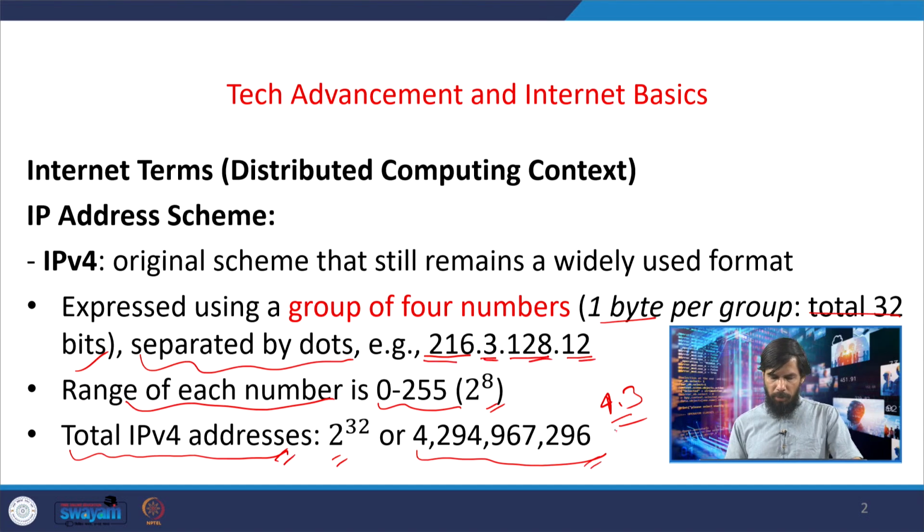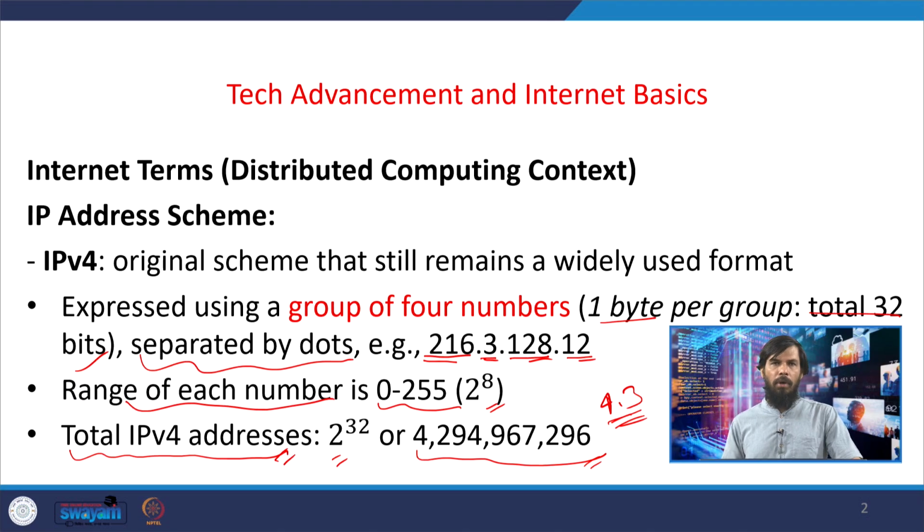While this number, 4.3 billion, will sound like a lot, when this scheme IPv4 was originally conceived, this number looked quite big. But over a period of time there are so many computing devices that are now connected to the internet. Because of that, we are running out of IPv4 addresses.